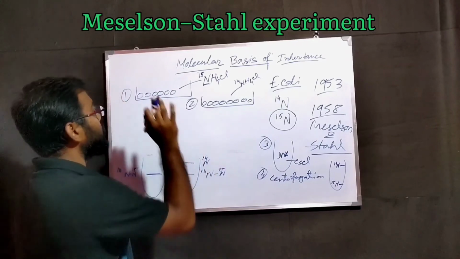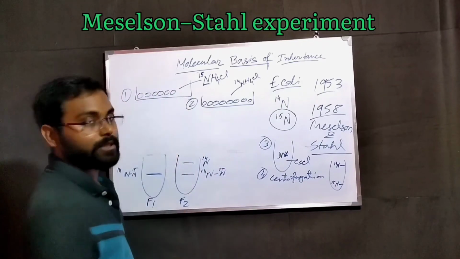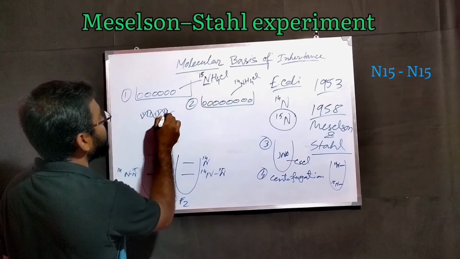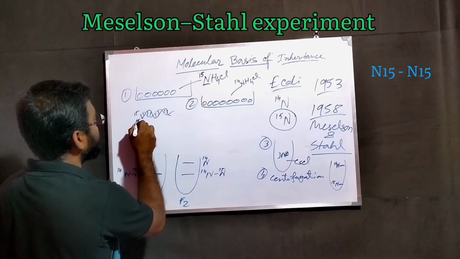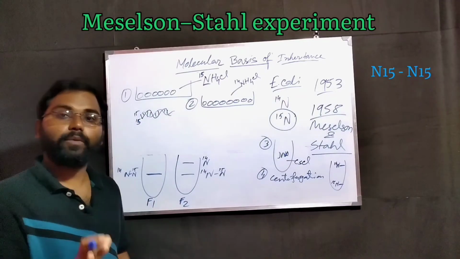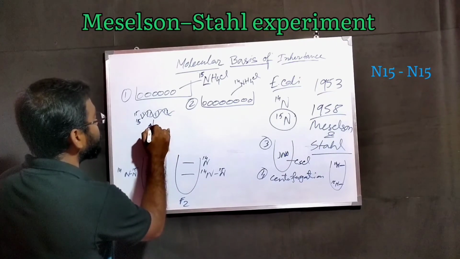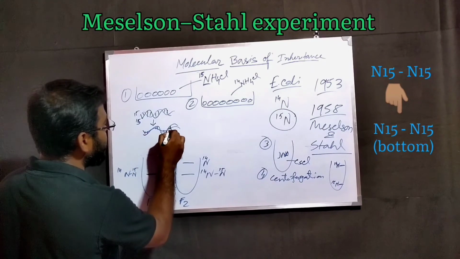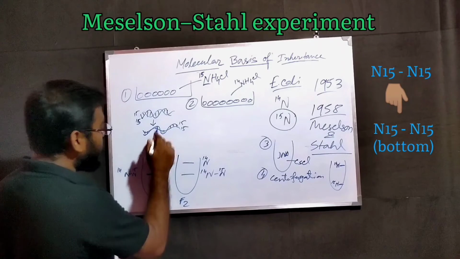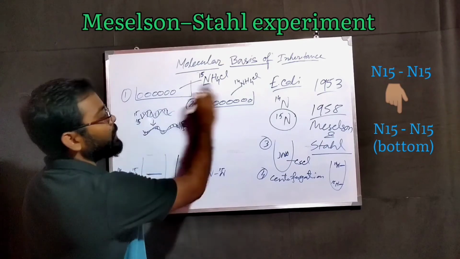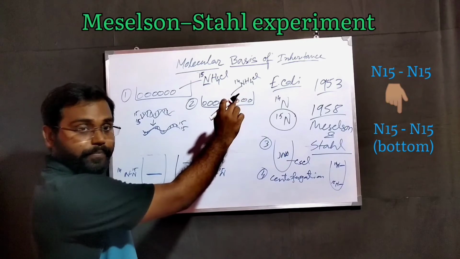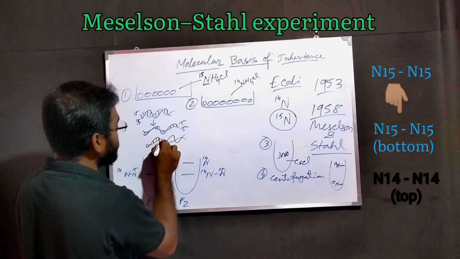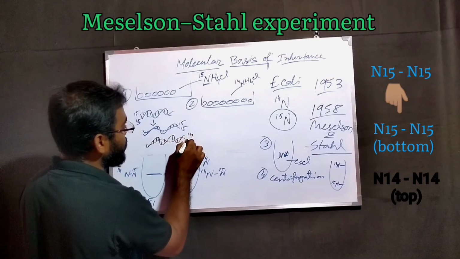So when they grew the bacteria in this N15 solution, all the DNA strands of this bacteria will be N15. And if the conservative method was correct, they will produce an exact copy of this DNA, that means N15 N15, and this will produce a new DNA that will use this N14, this new DNA 14 14.